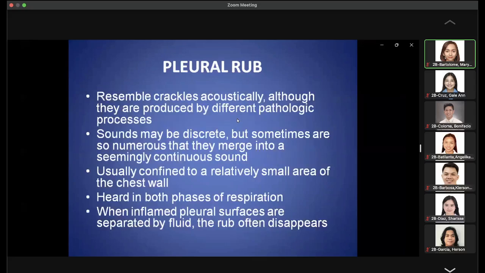Pleural rub resembles crackles acoustically, although they are produced by different pathologic processes. Sounds may be discrete, and usually confined to a relatively small area of the chest wall. This sound can be heard in both phases of respiration. When inflamed pleural surfaces are separated by fluid, the rub often disappears.